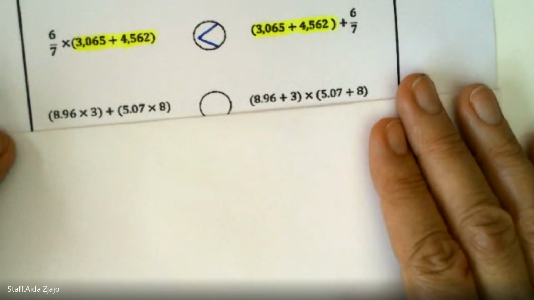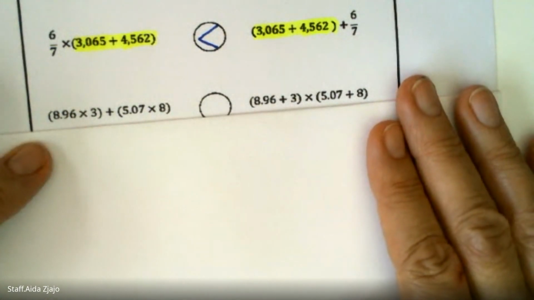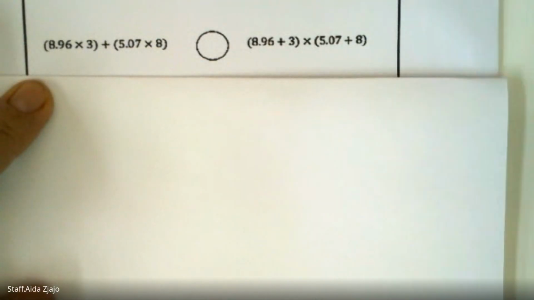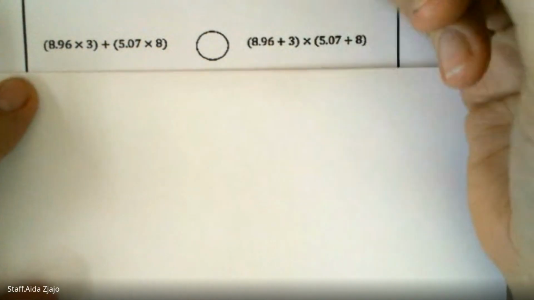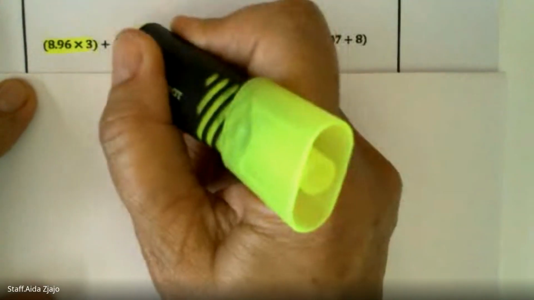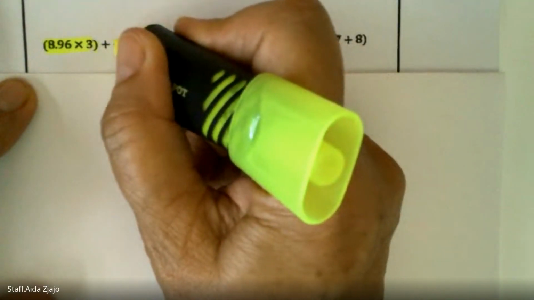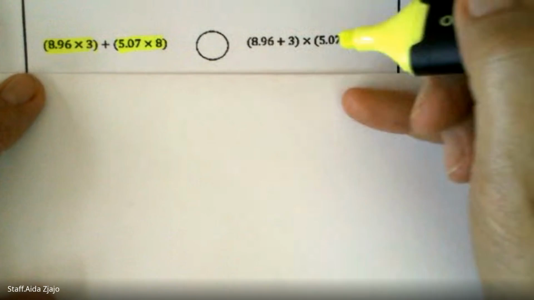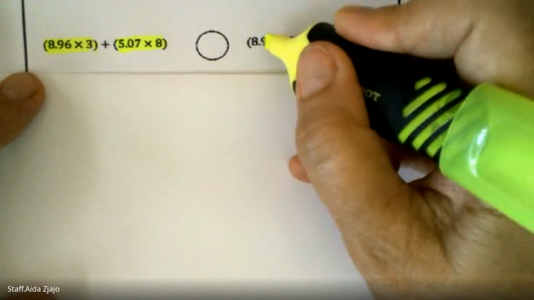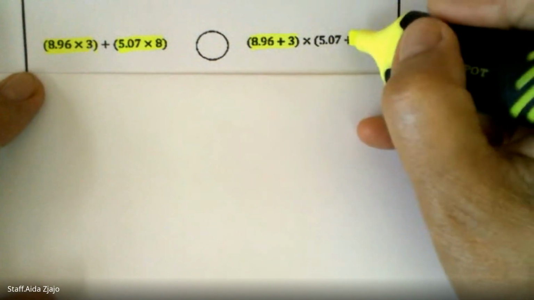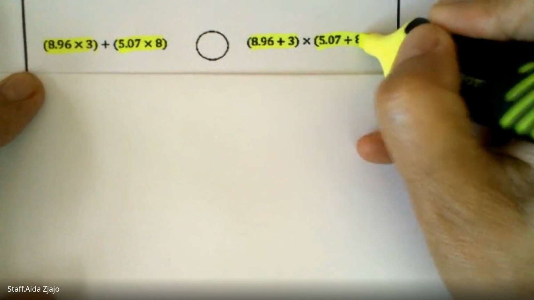Okay, so here you go. What we can look at right here: we have products in parentheses, add the products, and then here we will have sums in parentheses to multiply with this.